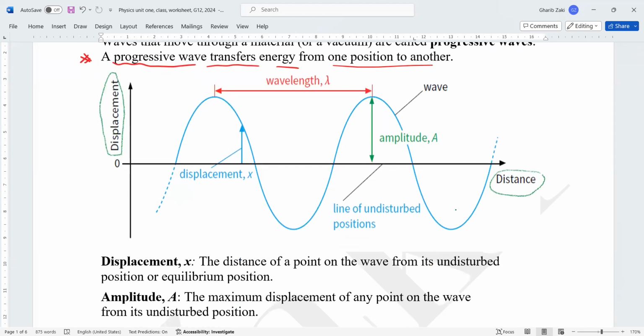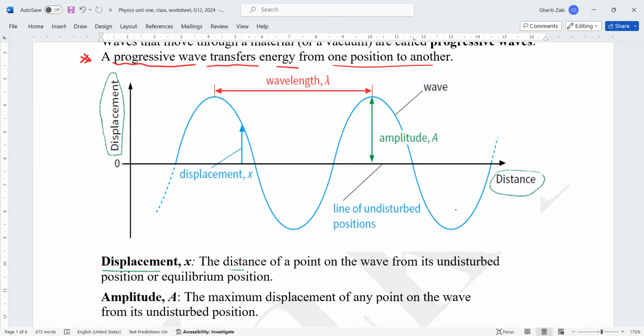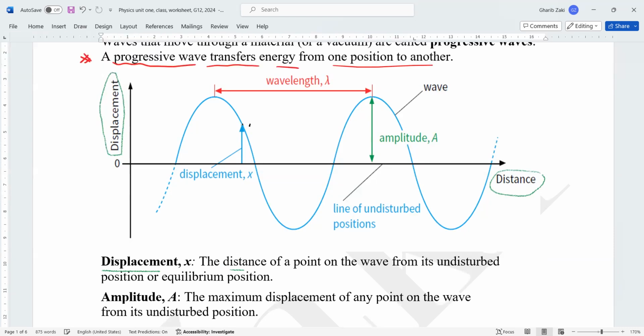The first definition, displacement. The displacement, denoted by x, is the distance of a point on the wave from its undisturbed position or equilibrium position. So for example, this is the point A. The displacement of the point A is the distance from the equilibrium, the zero position.